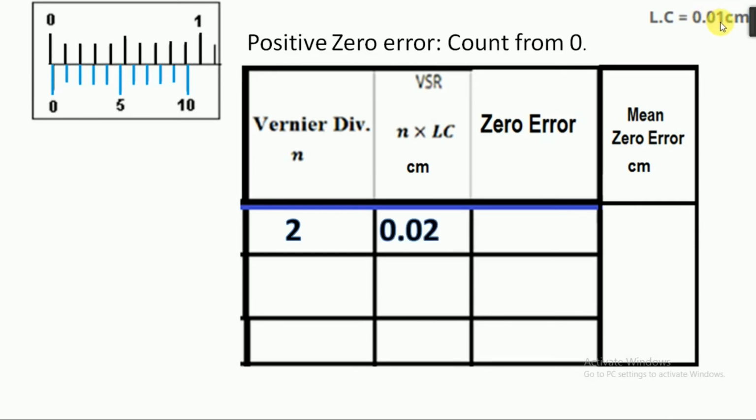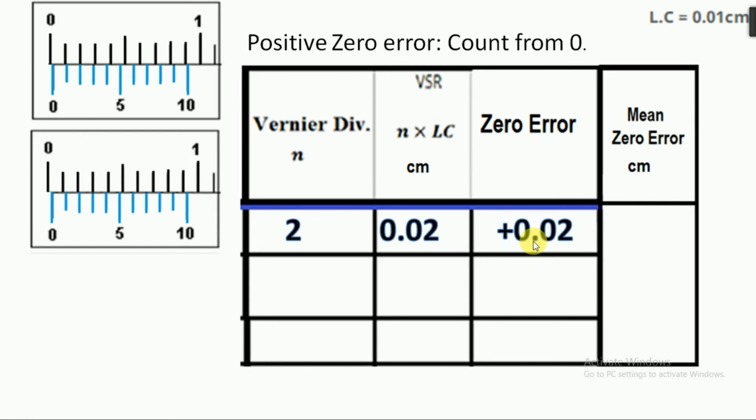So the zero error is positive error, plus 0.02. And again we'll open the vernier caliper, again take the scale to the minimum position, and again check the reading. Now this time it is coming to third. So error is plus 0.03 centimeter.